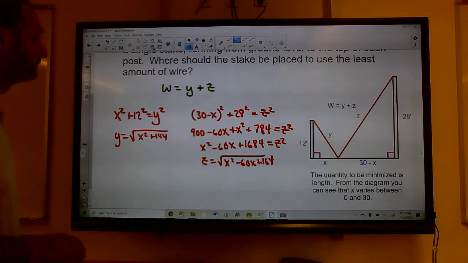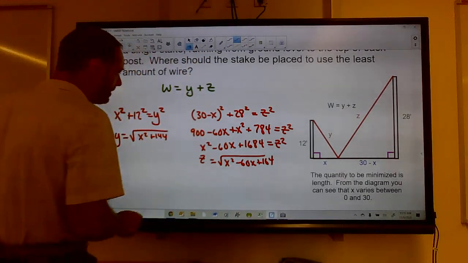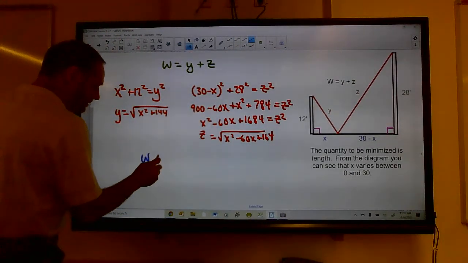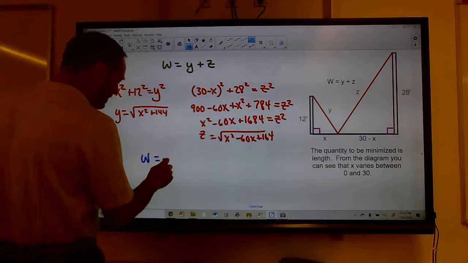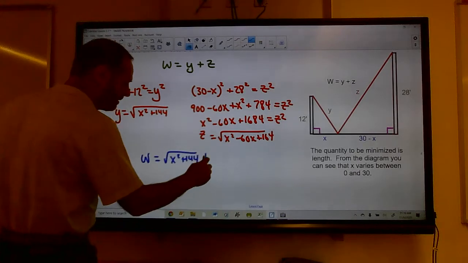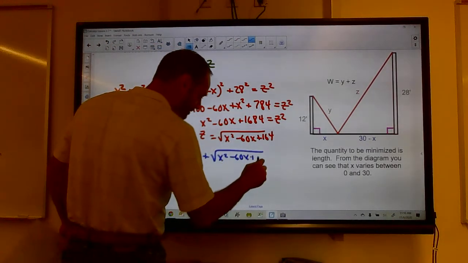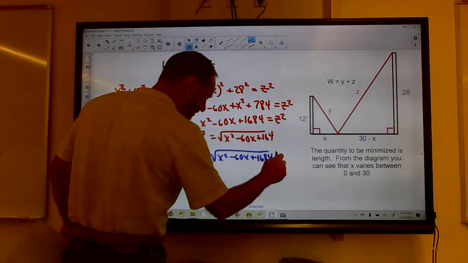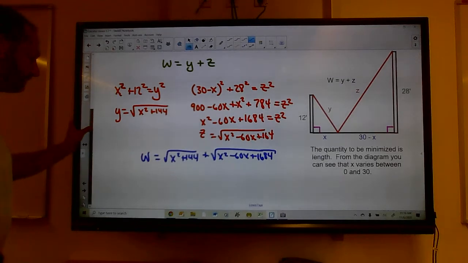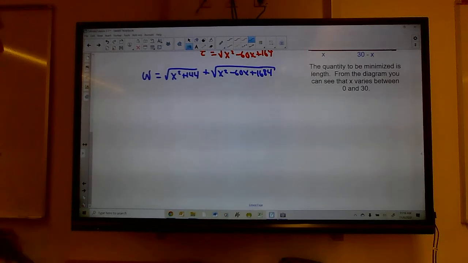It's kind of hard to read. So now I know that w is going to be y plus z. That's what I want to minimize. So let's go ahead and rewrite this.